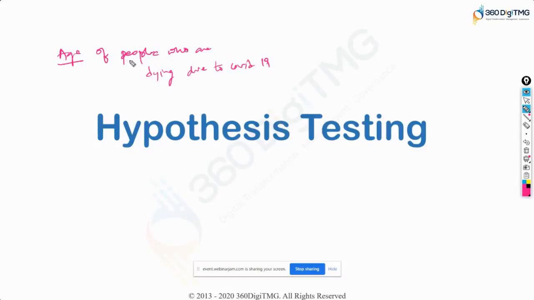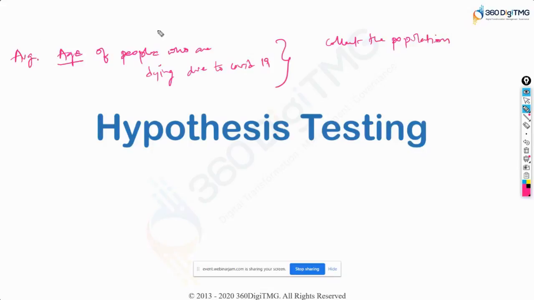It's still going on. So I will have to collect the entire data, right? Collect the population data. When I say population, we are considering the entire data across the globe. And then we analyze the ages of the people. But there are multiple people, multiple ages. So I would want a representative value for estimating.